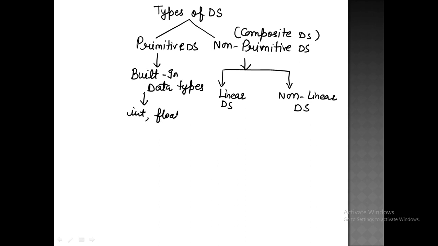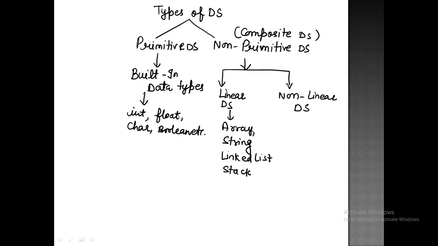And built-in data types are like int, float, char, boolean, etc. And linear data structure includes array, string, linked list, stack, queue.